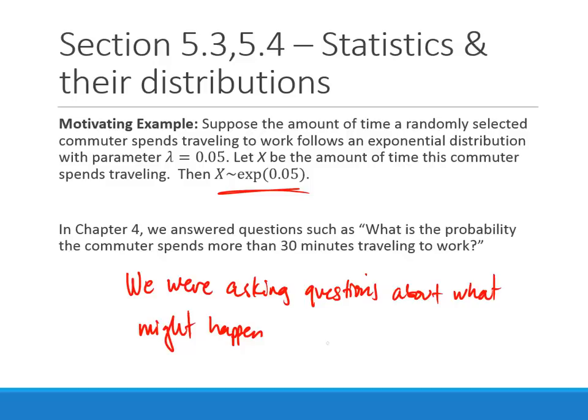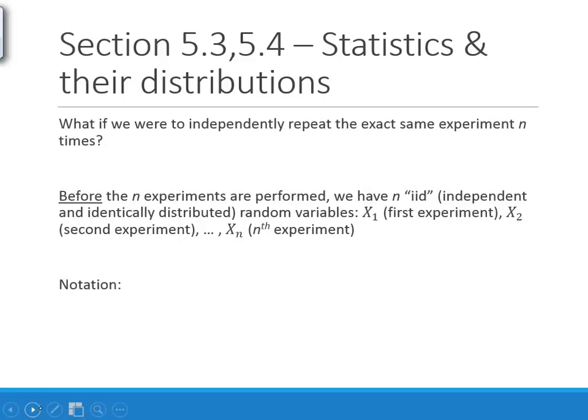So what might happen if we do this experiment one time? Suppose this person drives to work, and we're going to see how long that takes them. What's the probability that it takes them more than 30 minutes to get to work, or something like that. So the key is we're asking something about doing this experiment one time.